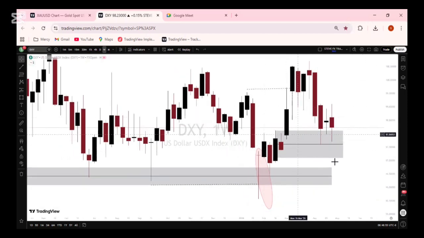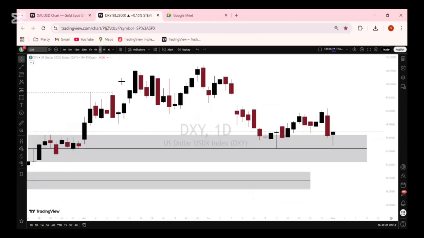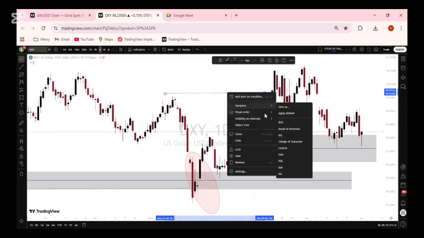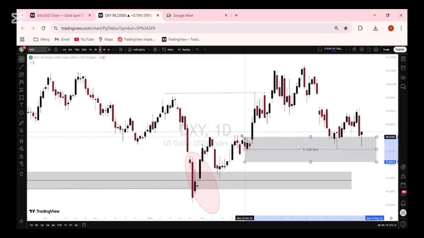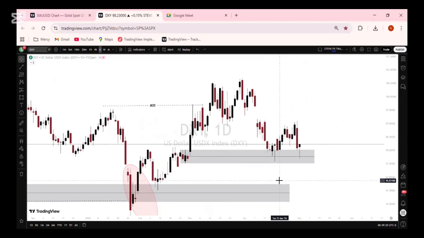So if we pay attention to price over here, price is actually trying to go bullish from this particular point. Now let's go down to our daily. When you go to the daily time frame, we can see it more clearly: we have a break of structure from this point, and an order block when we refine it from this point as well.